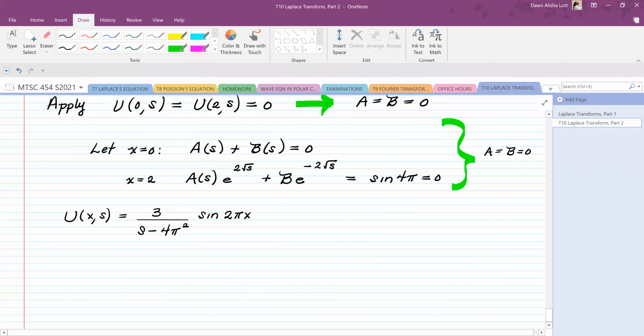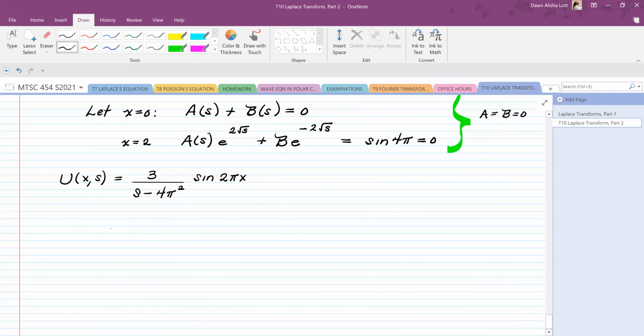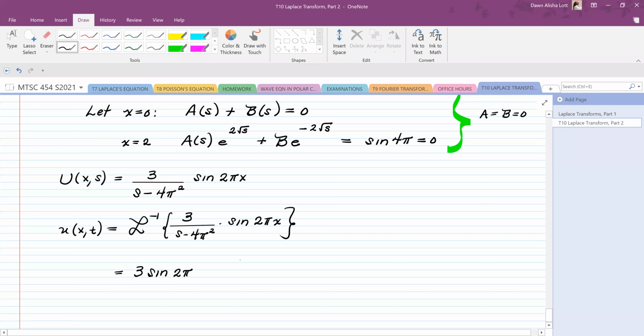So u of x and t is the Laplace inverse transform of 3 over s minus 4 pi squared times the sine of 2 pi x. Now, everything that's x, throw it out. So I'm going to take out the 3, the sine of 2 pi x. So now I'm taking the Laplace inverse transform of 1 over s minus 4 pi squared.